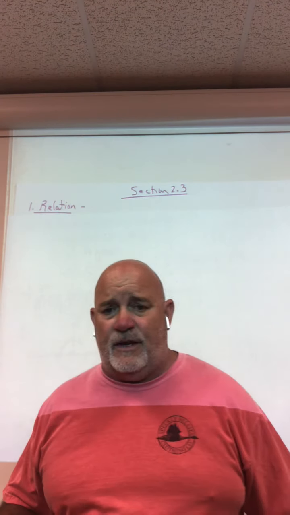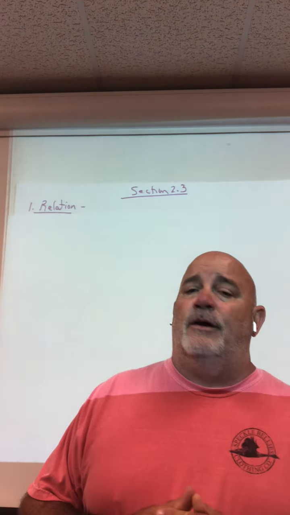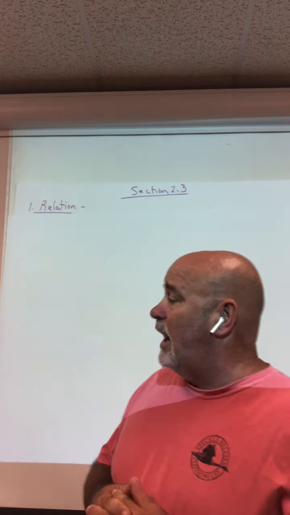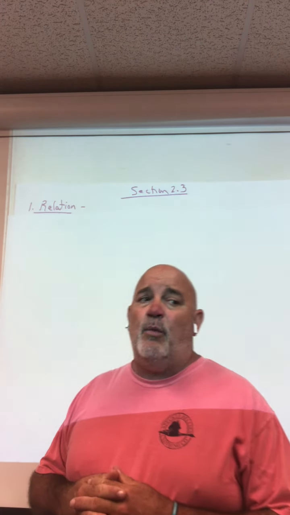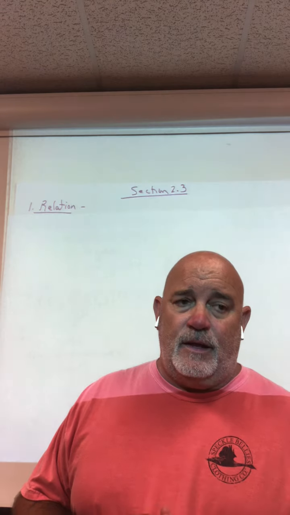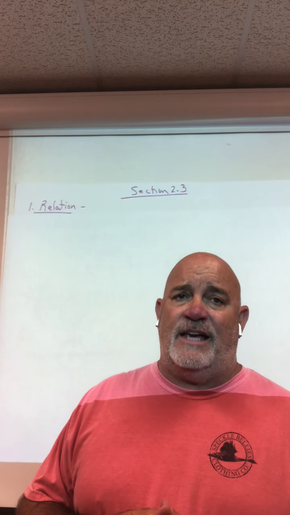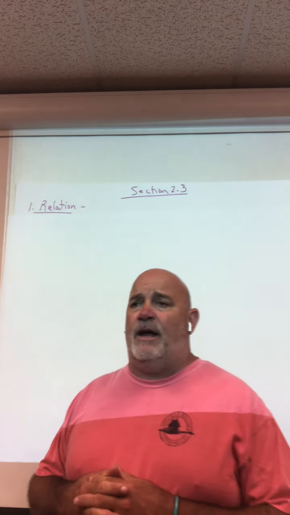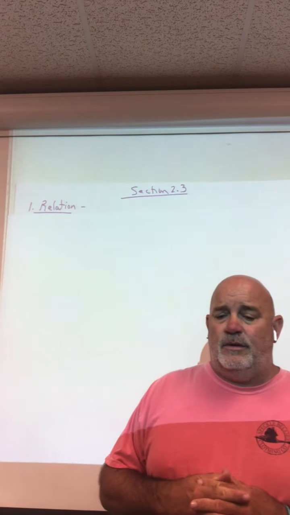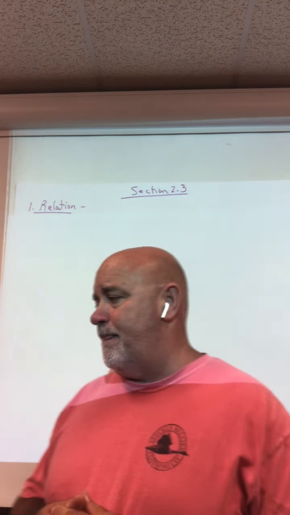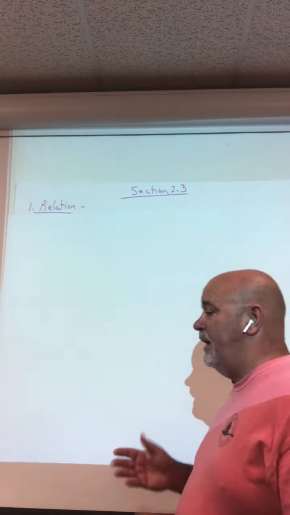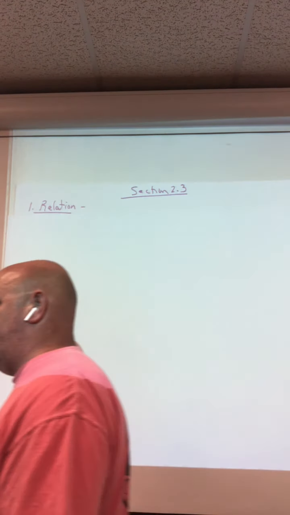Remember, you can pause the video at any moment. Here's the definition of a relation: any way in which a set of ordered pairs can be represented. Okay, so any way in which a set of ordered pairs can be represented.